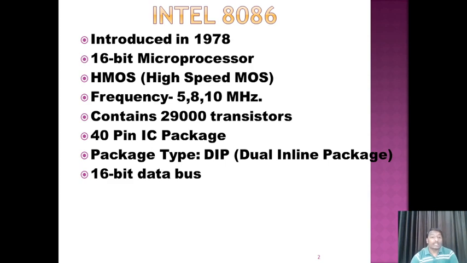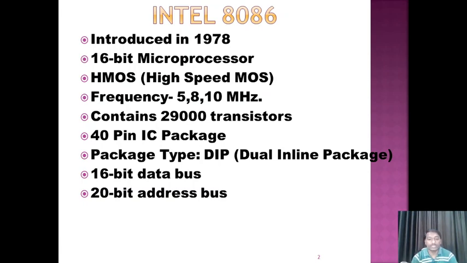Data bus, as I told you already, it is a 16-bit microprocessor, hence the size of registers, the size of data bus, and the size of flag register will be 16 bits. So the data bus is of 16 bits and the address bus is of 20 bits. The lower 16 bits of the address bus are multiplexed with the data bus, and the 4 higher bits are carried through A16, A17, A18 and A19 on different pins.